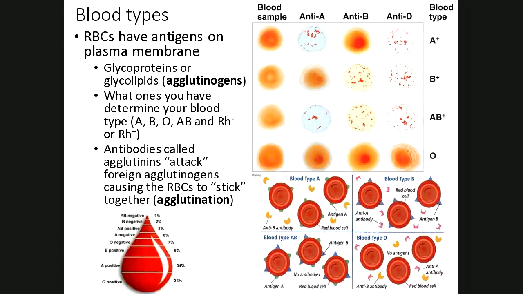And what I'm doing here in this well is I have person 1, person 2, person 3, person 4. And I put person 1's blood in all 4 wells. I put person 2's blood in all 4 wells, person 3's blood in all 4 wells, person 4's blood in all 4 wells. The next thing I'm going to do is I'm not going to do anything with the first well.